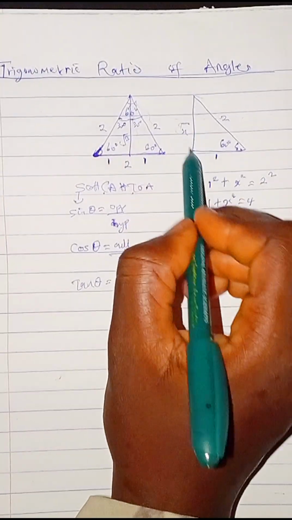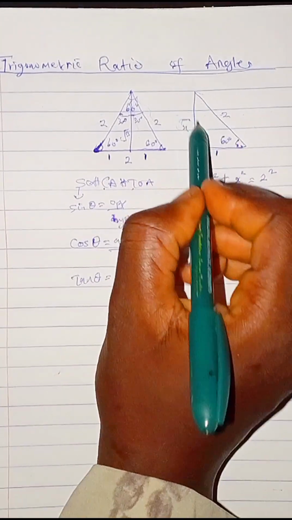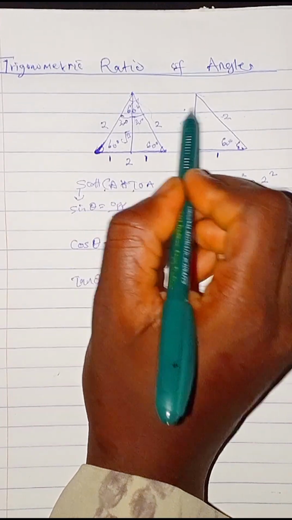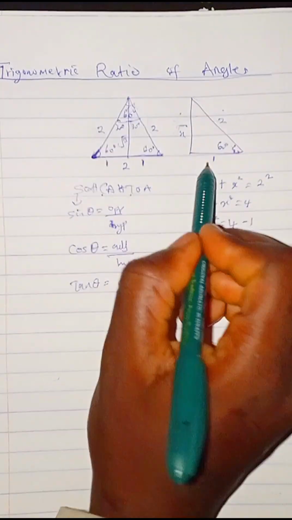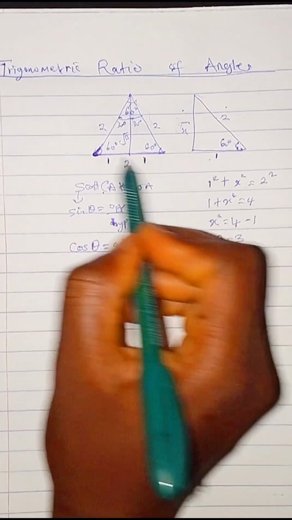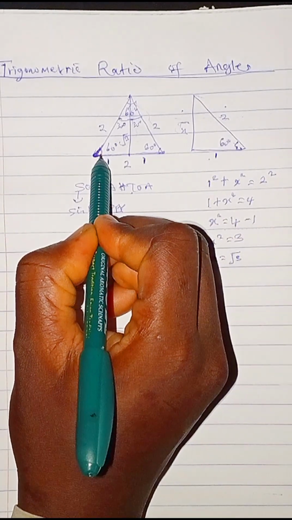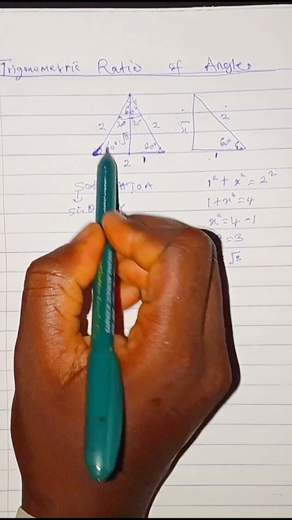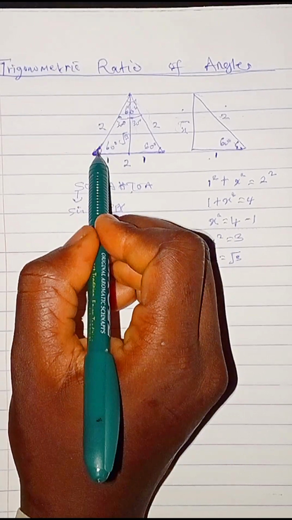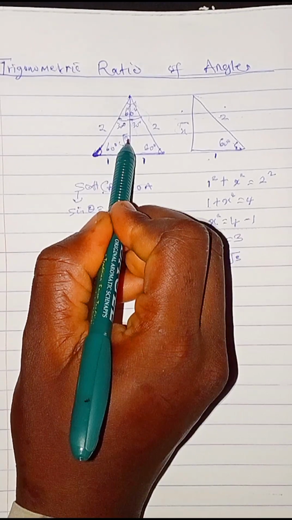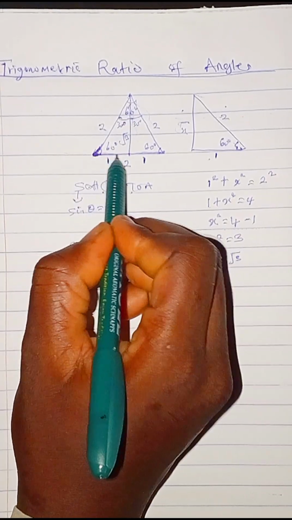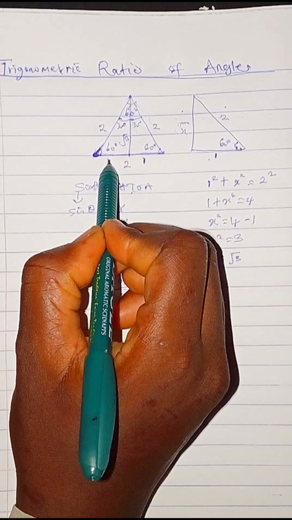So from here, what is the opposite? Where the angle is facing. Here is the hypotenuse, here is the adjacent. But in this case here will be the opposite, here will be the adjacent, here will be the hypotenuse. Where the angle is facing is called the opposite. The longest side is called the hypotenuse, while the other side is called the adjacent.